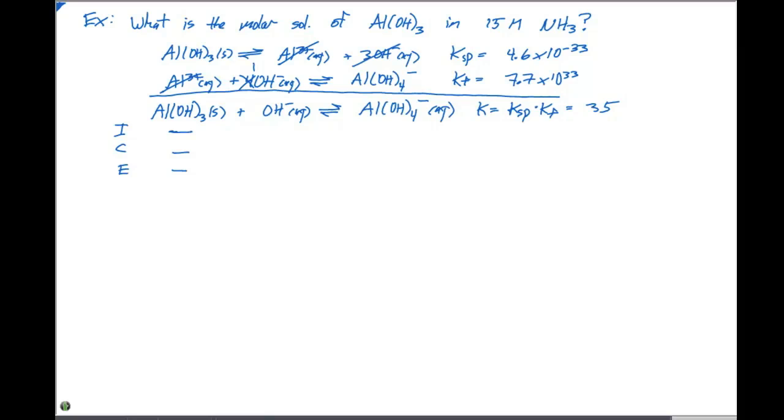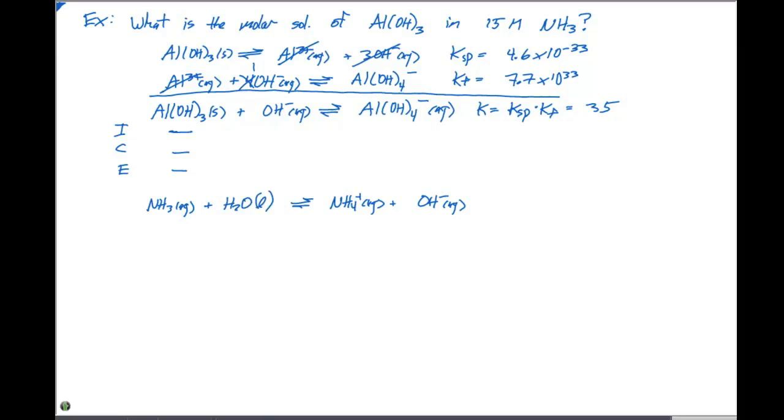We have 15 molar ammonia. Remember, and I alluded to this last week, that if we have ammonia in aqueous solution, anytime that's added to water, an equilibrium is set up between NH4+ ions in solution plus OH- ions in solution.